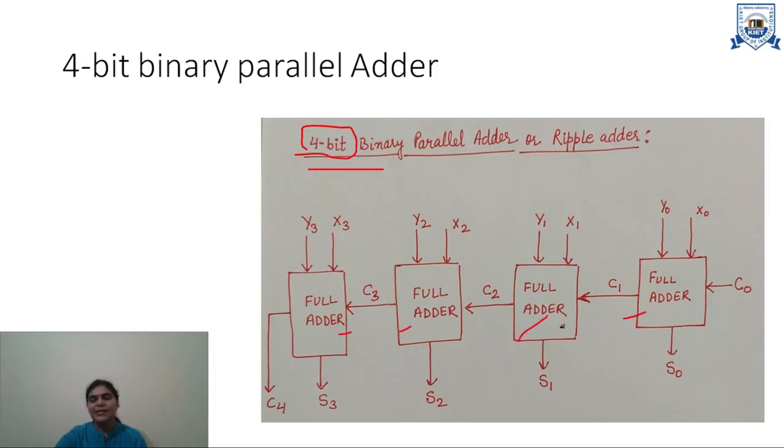Think in such a way that the carry output of one adder is going to the carry input of the next higher adder. Here, all 4 full adders are taking one bit of x and one bit of y and producing sum and carry as output.